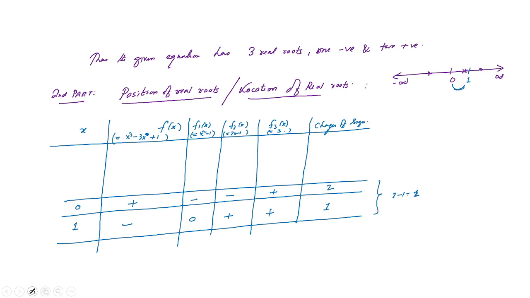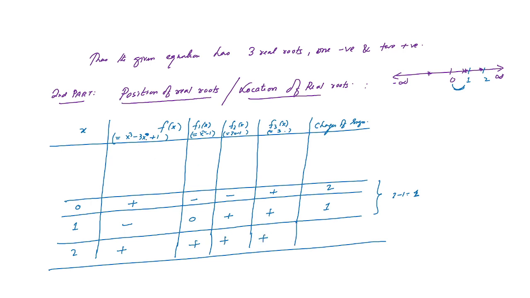Now we'll move forward again, say to 2. Now you just put x equals 2 here and you will see what is happening. If we put x equals 2, it will be positive.